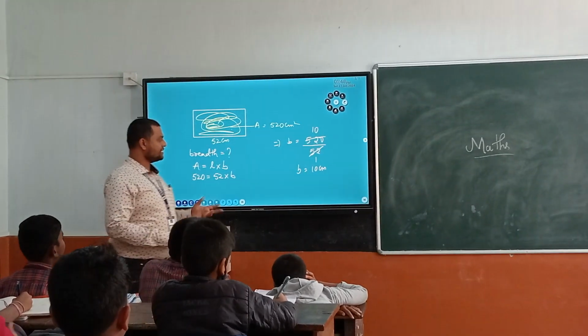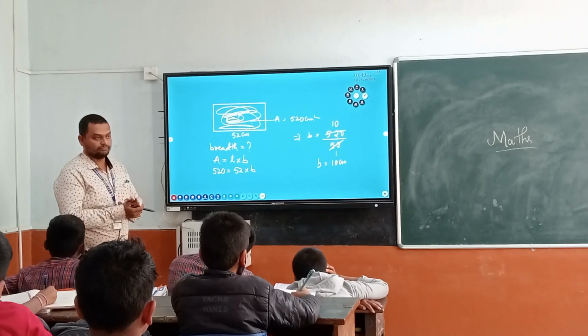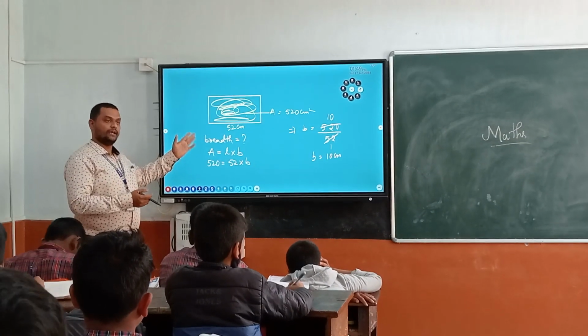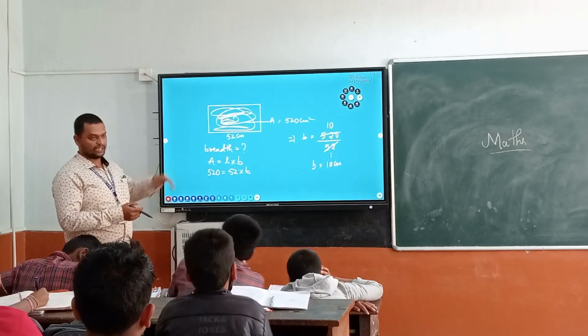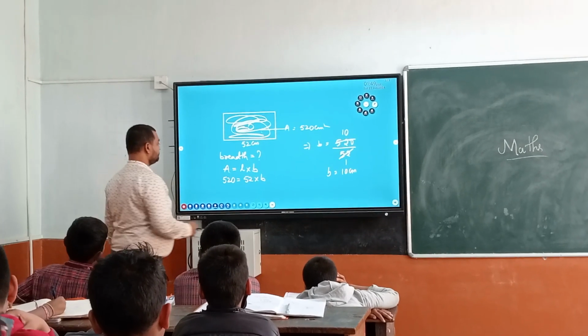Okay. So by this we can see how to do an activity based on length and breadth and their area and their perimeter also. And how can you find both at a time? So let's see now.